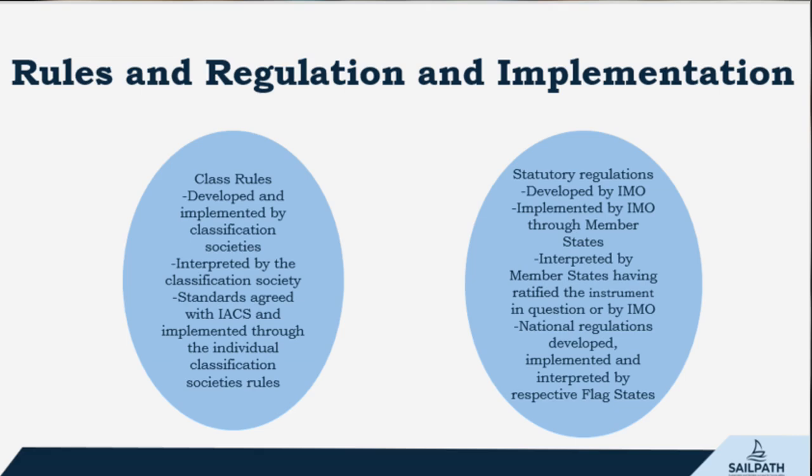Now we will see the rules and regulations and their implementation. Understanding this is very important. First, we will see class rules, and how these rules, regulations, interpretation, and implementation are carried out. On the other hand, we will see the statutory regulations, and how they are developed, implemented, and interpreted. The main three features to be understood are development, interpretation, and implementation.